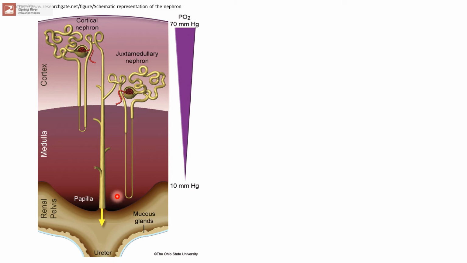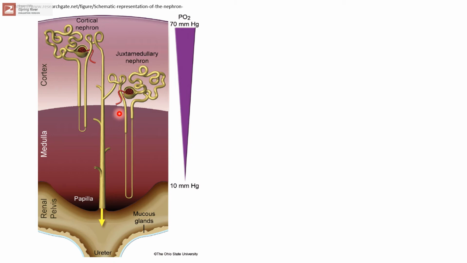Now, the importance of the juxtamedullary nephron is that unlike the cortical nephrons that are just superficially located, the juxtamedullary nephrons contribute largely to the osmotic gradient of the medulla.